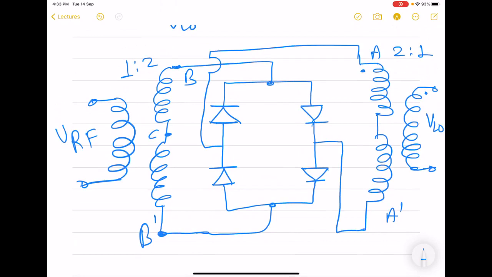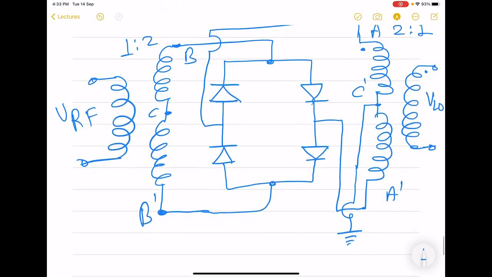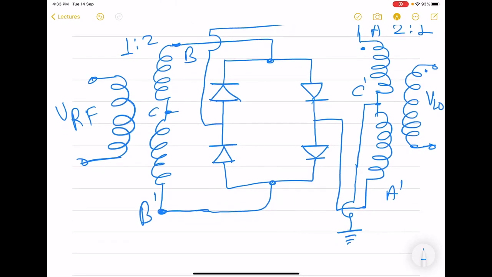So the center of the secondary of the LO is grounded, and the center of the secondary of RF is used to take the output.